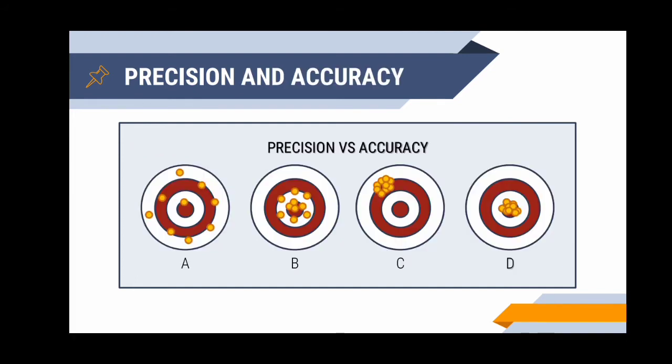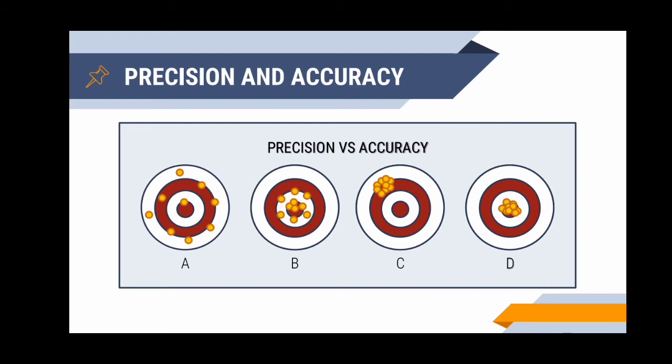Now, may dinagdag ako na another term dyan na feel ko is itatanong nyo din sa akin, and that's accuracy. It is always compared kasi sa word na precision, and actually, both are important factors to consider when taking data measurement.